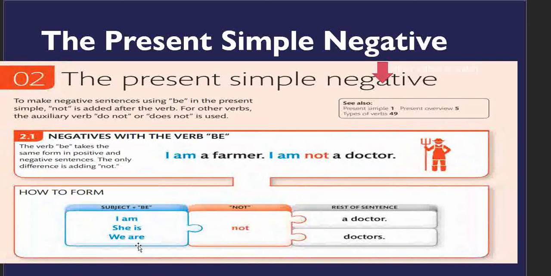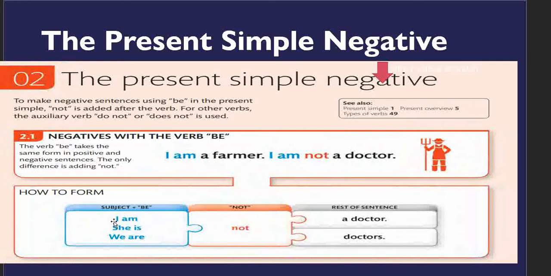You will take are along with it. The rules for the pronoun and the auxiliary remain the same. The additional word that we have for the negative sentence is the word not after the auxiliary or the verb, and the remaining sentence remains the same, whatever we need to construct.